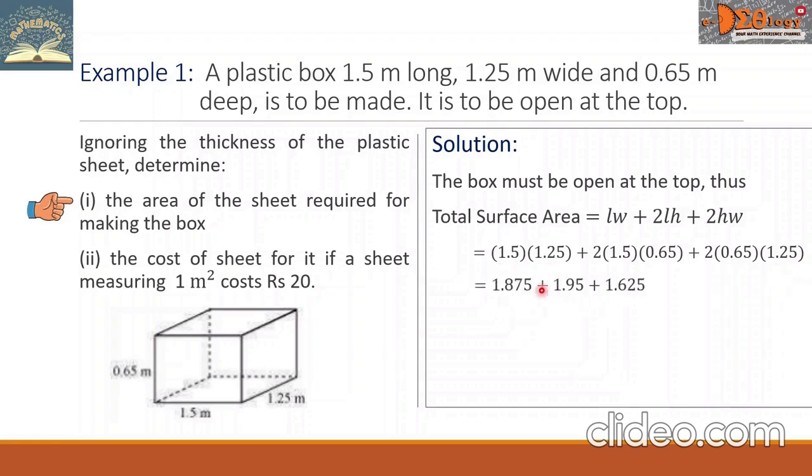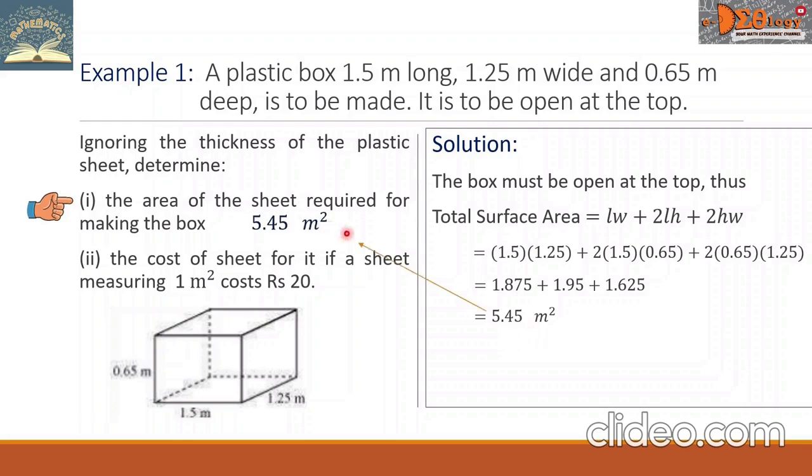The product here will be 1.875 plus the product here is 1.95 plus the product here will be 1.625 and the total will be 5.45. This is the total surface area. Then we write the unit of measurement as square meters.